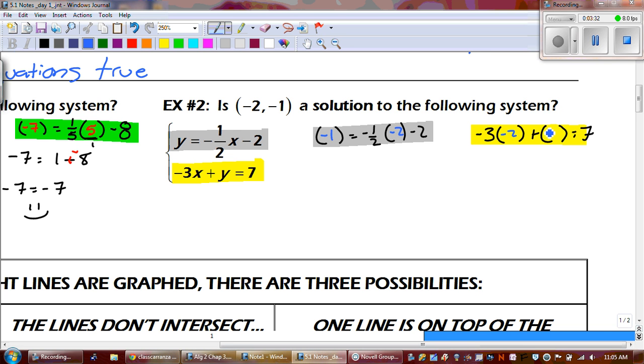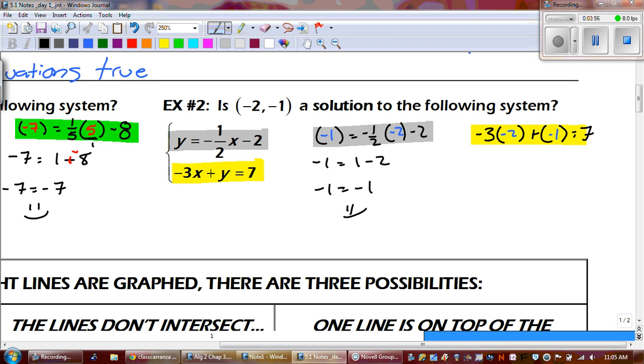So I'm just going to do that on both of these so I don't forget. So we got negative 1. Now negative 1/2 times negative 2, well, negative times negative is positive, and half of 2 is 1. And then 1 minus 2 is negative 1. So the first one, yay, it works.